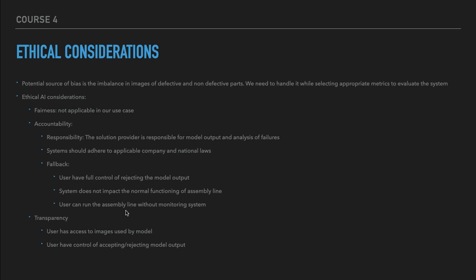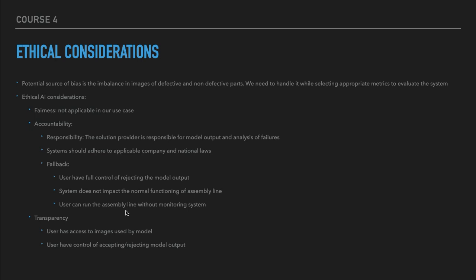Accountability is applicable, and the responsibility lies with the solution provider. He is fully responsible for the model output, and in case of any failure he has to analyze the failure to identify the root cause. It may be due to a change in material on the assembly line, or due to light settings, or maybe a model bug which needs to be fixed.